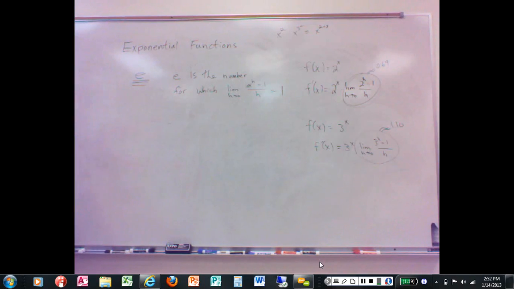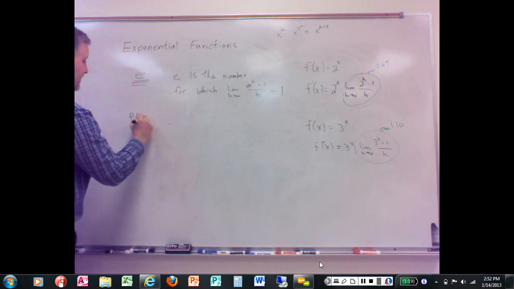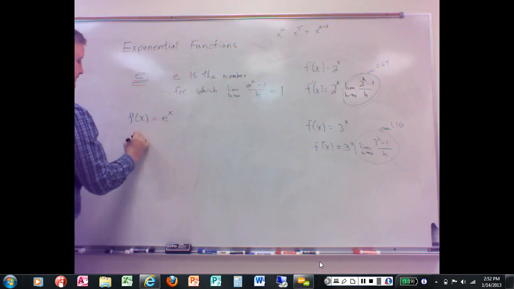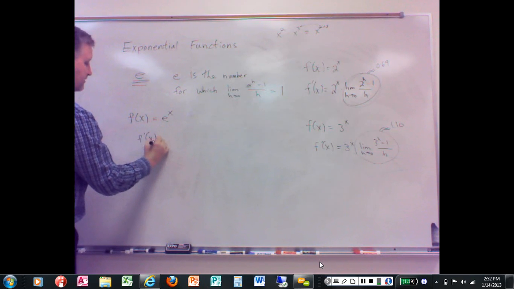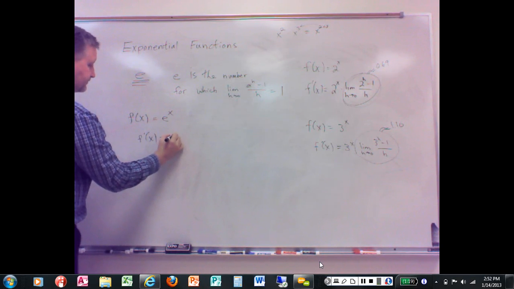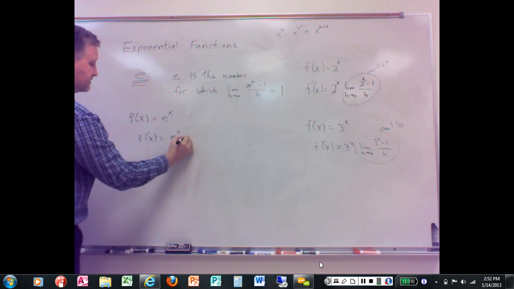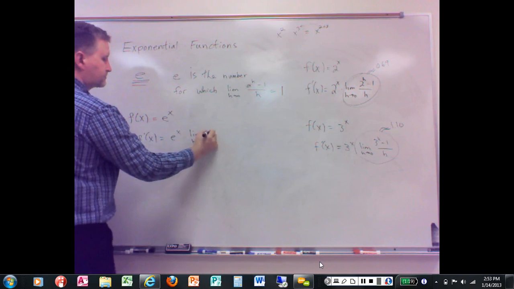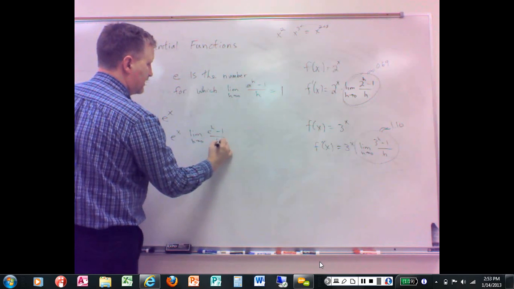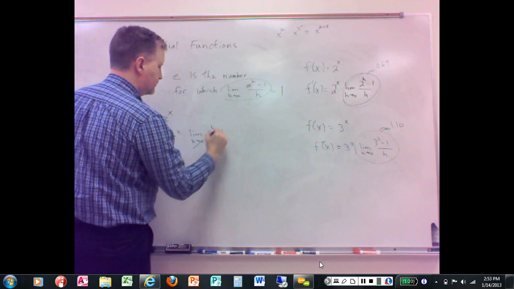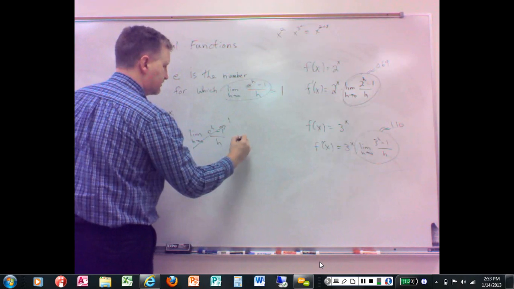What does that mean? Well, that means if your function is f of x equals e to the x, f prime, being an exponential, is e to the x times the limit as h approaches 0 of e to the h minus 1 over h. Well, we said this for e is 1. So what's the derivative?